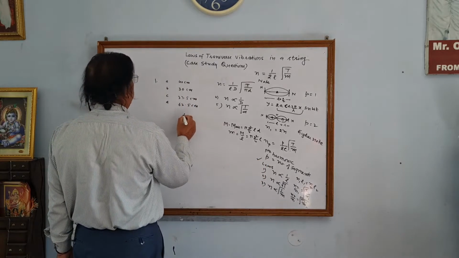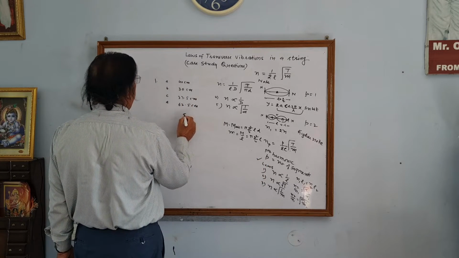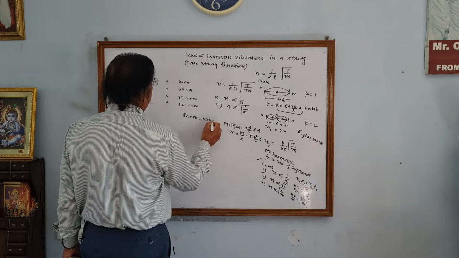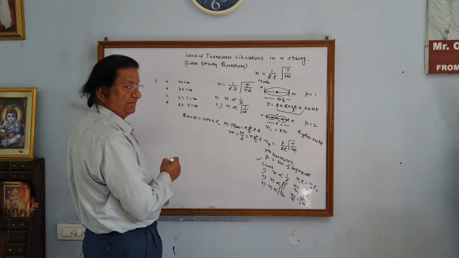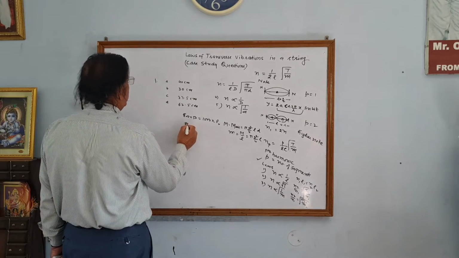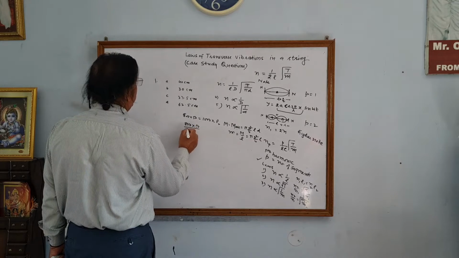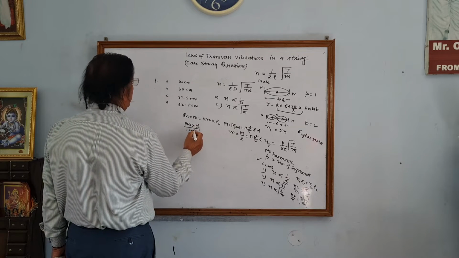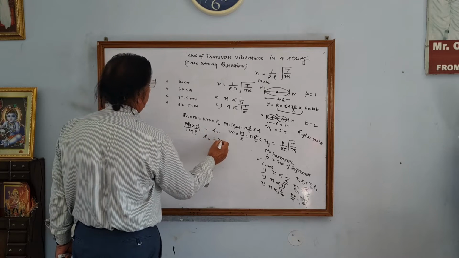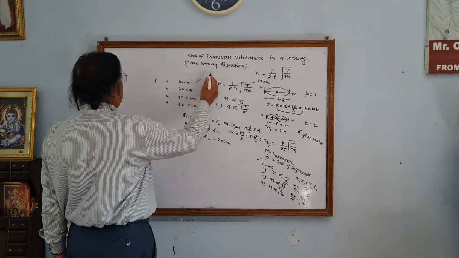So N1 is 800, L1 is 50, N2 is 1000, and L2 is to be calculated. Okay? So from this, 800 into 50 divided by 1000, on simplification, you will get L2 equal to 40 centimeter. The right choice is choice A.